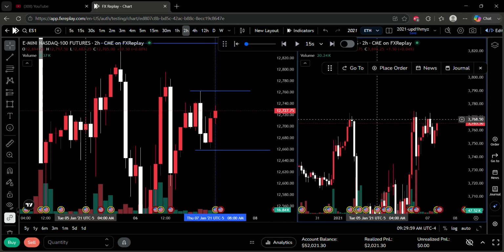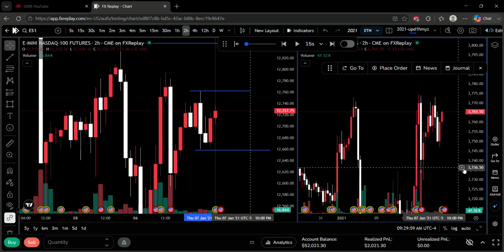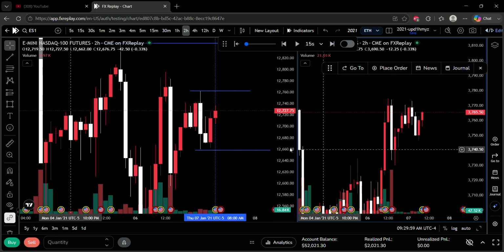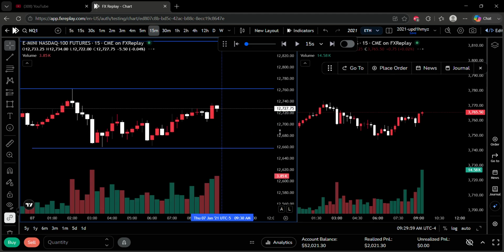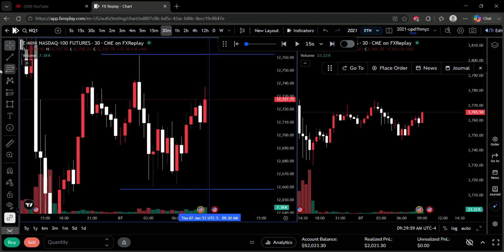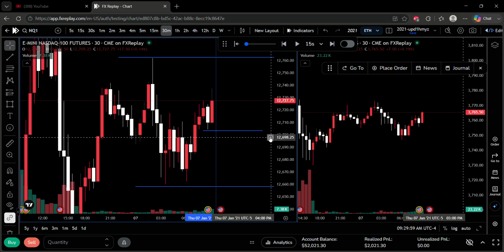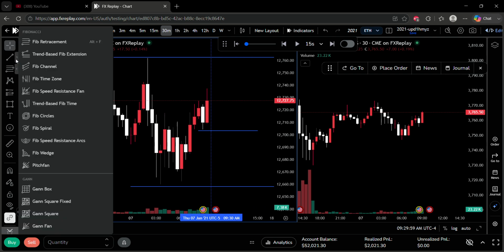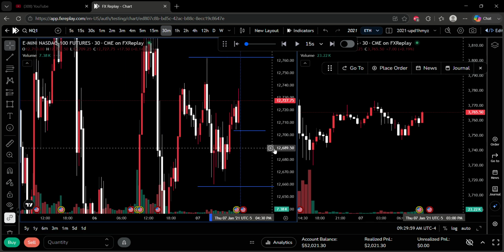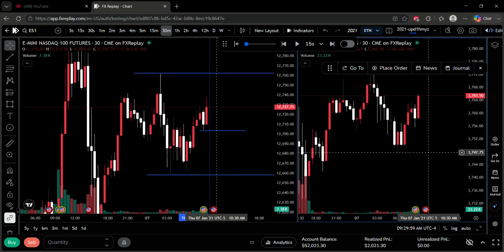But I can still target that. Okay, 30-minute. This is my biggest key level here, this 30-minute. So I'm expecting price to react off of any of these key levels, preferably this 30-minute.